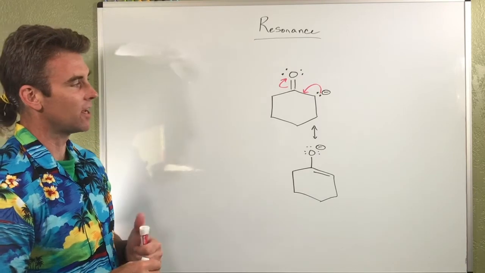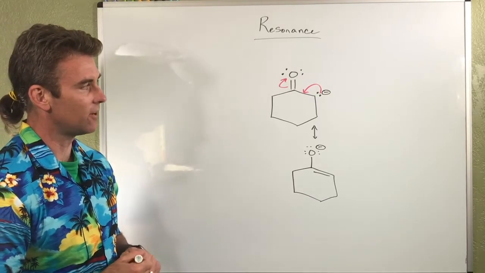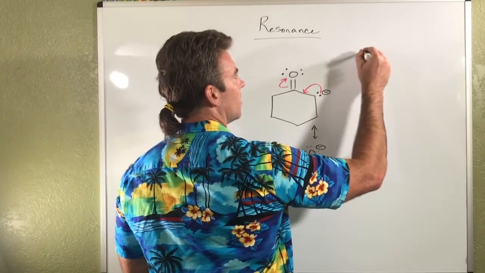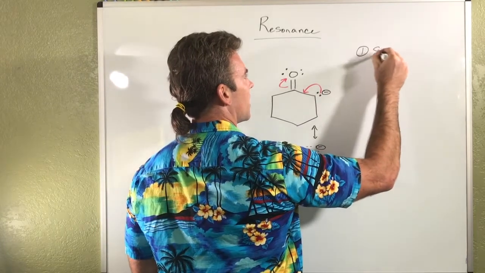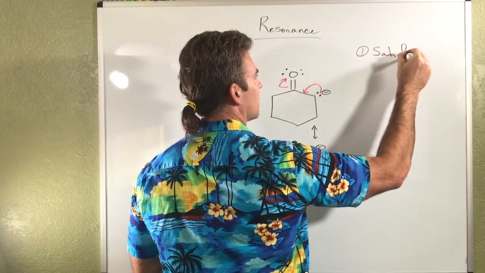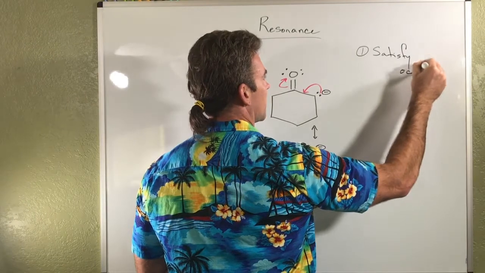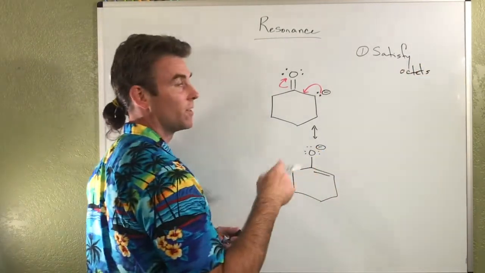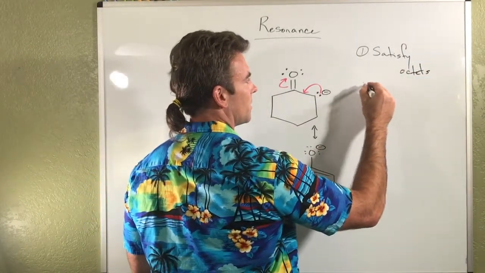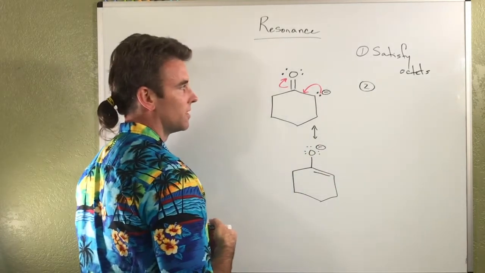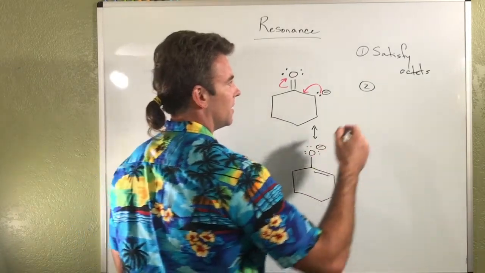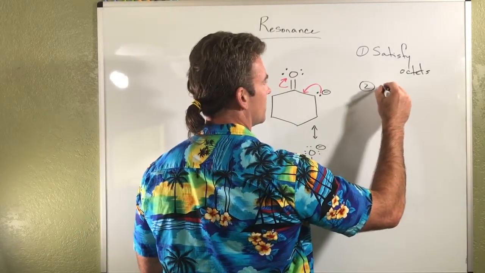Maybe I should actually write the resonance rules down just over here. So first of all, satisfy octets. Things with satisfied octets, in other words, everything being satisfied, means that it's a more prevalent resonance form. Minimize formal charge.